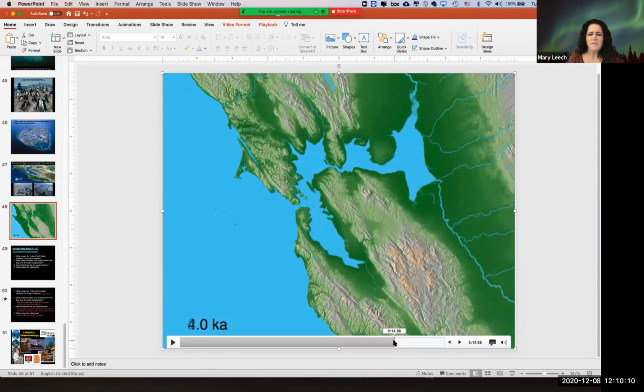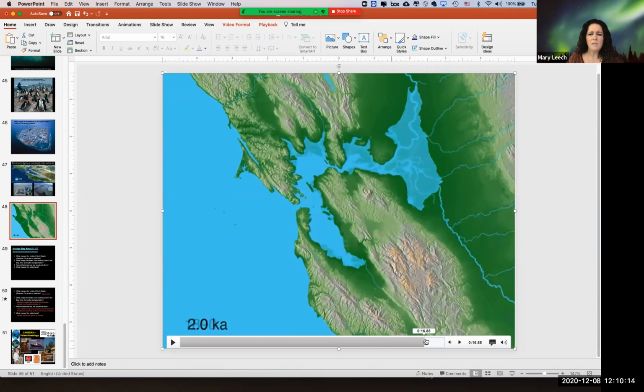And it was even higher for a while, right? So that would be at a glacial high stand or a glacial low stand. When there's the most water in the oceans, what's happening on land with ice? So around 2,000 years ago, water levels were higher.